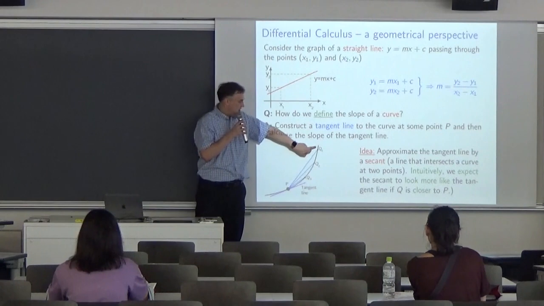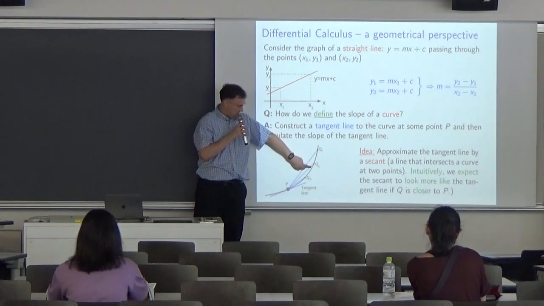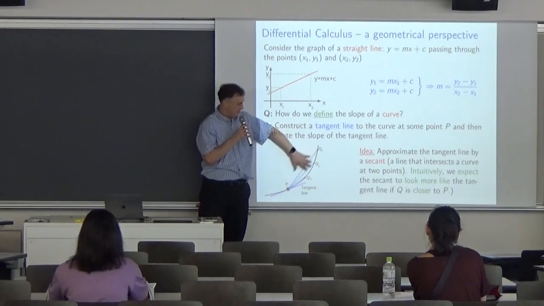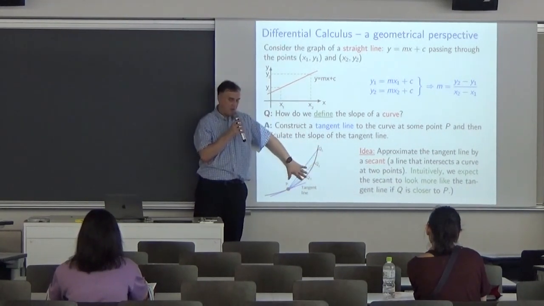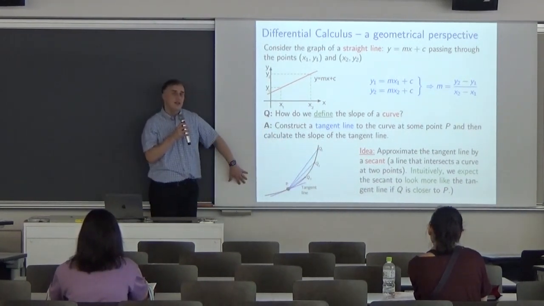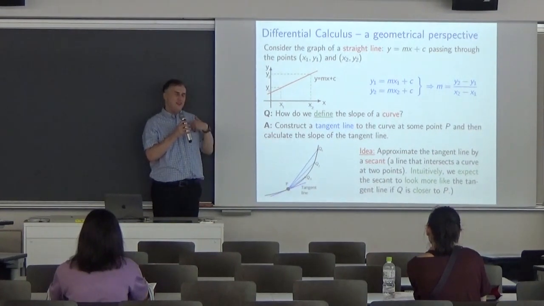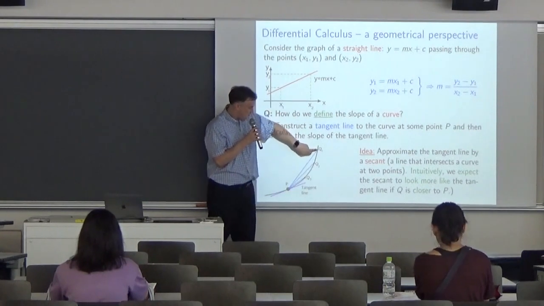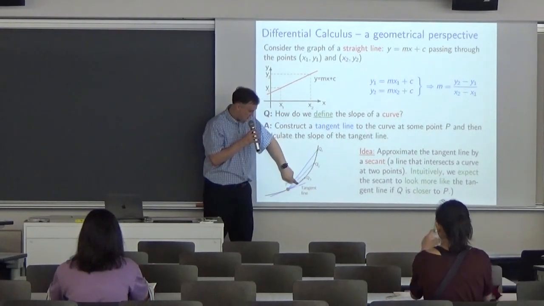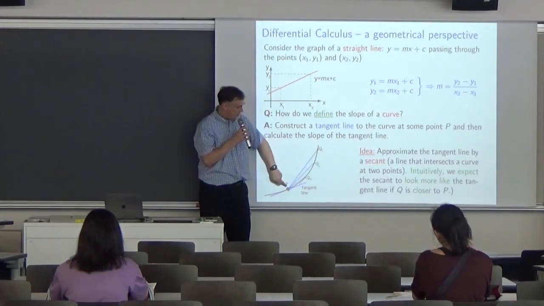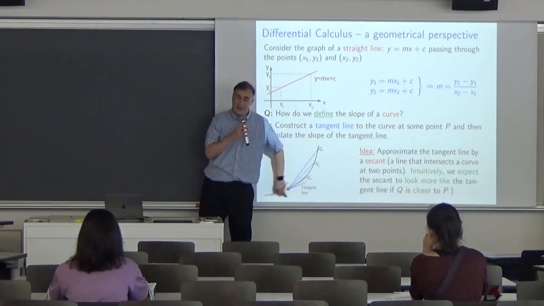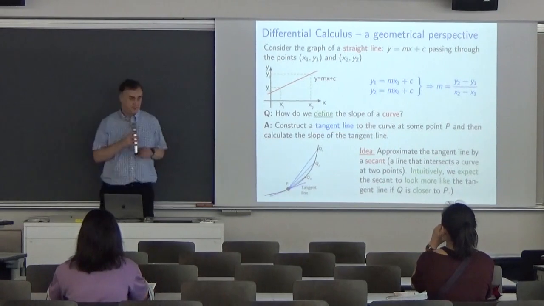Then as I bring Q closer and closer to P, I expect the line passing through these two points to look more and more like the tangent line. And so we can introduce a limit process that says in the limit that this point approaches this one, the line that we get we will define as being the tangent line.